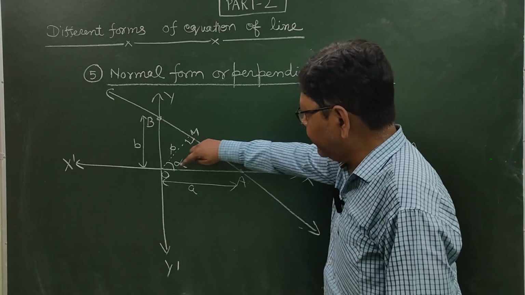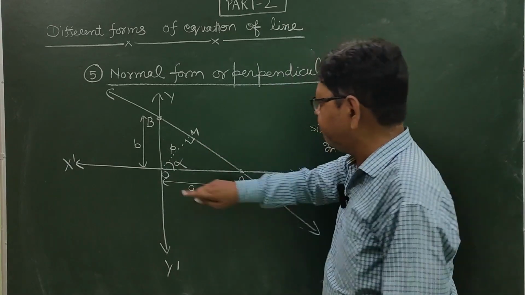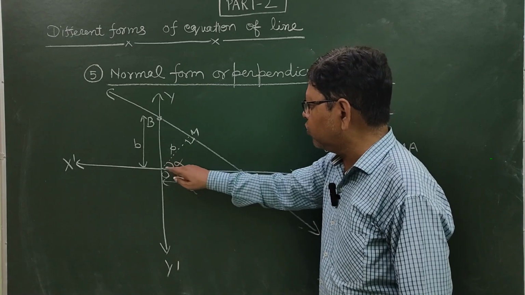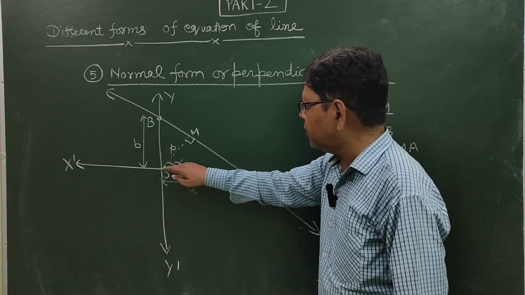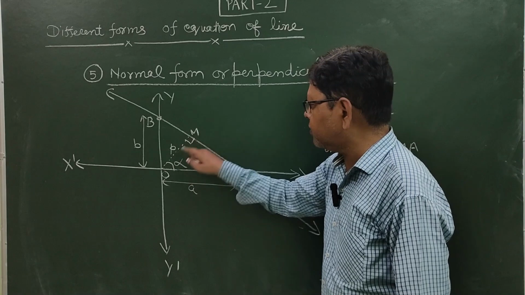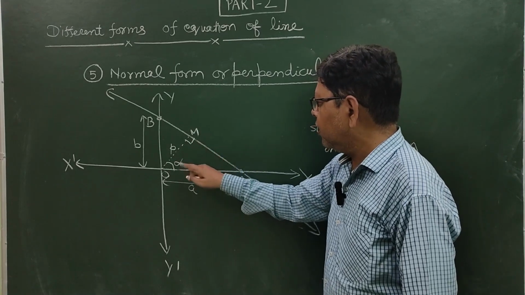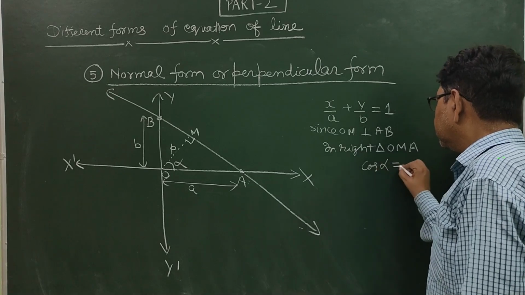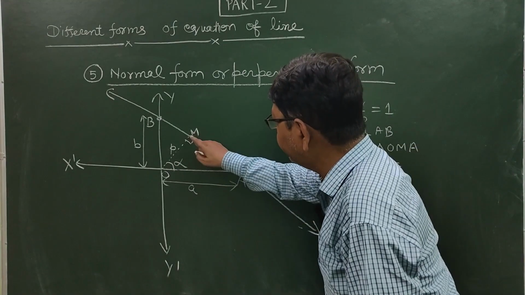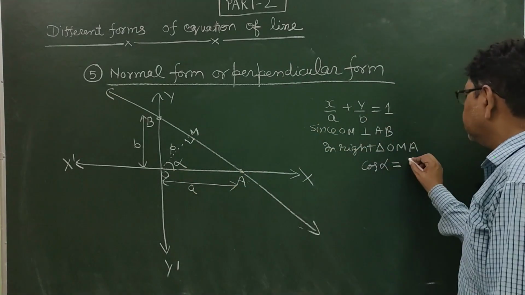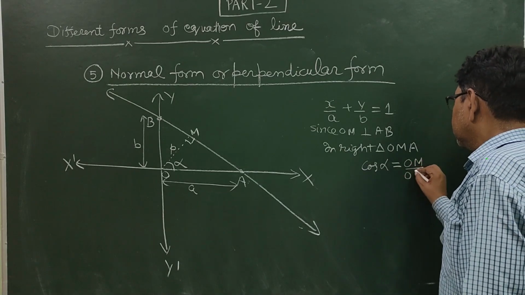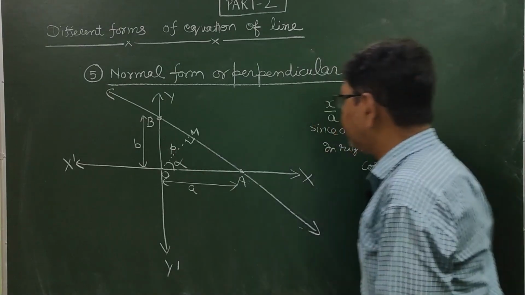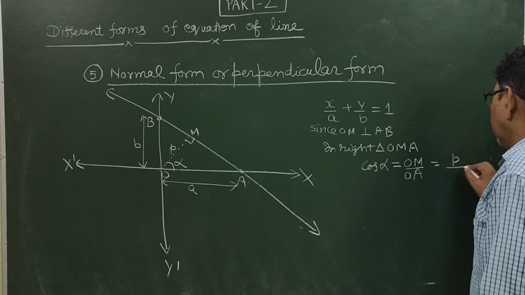The side opposite the 90 degrees is the hypotenuse, that is OA, and the side adjacent containing this angle, that is OM, is the base. OM is the base, so cos alpha is equal to OM upon OA. OM is p and OA is a.